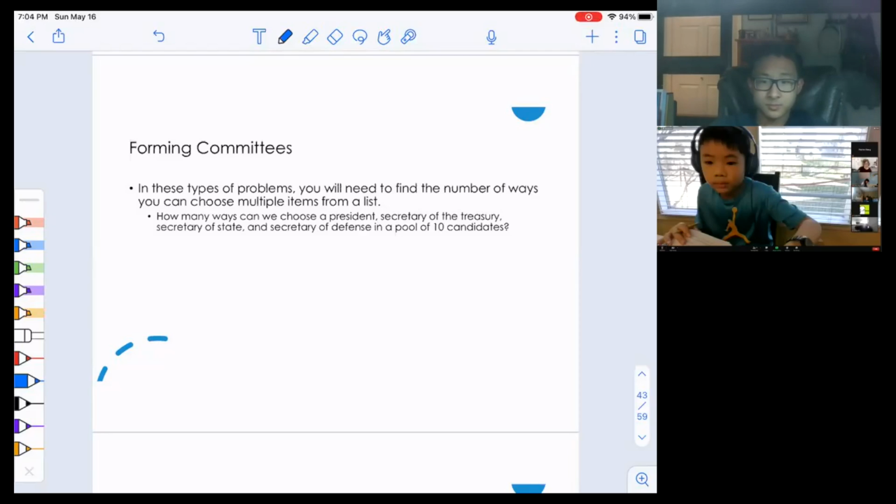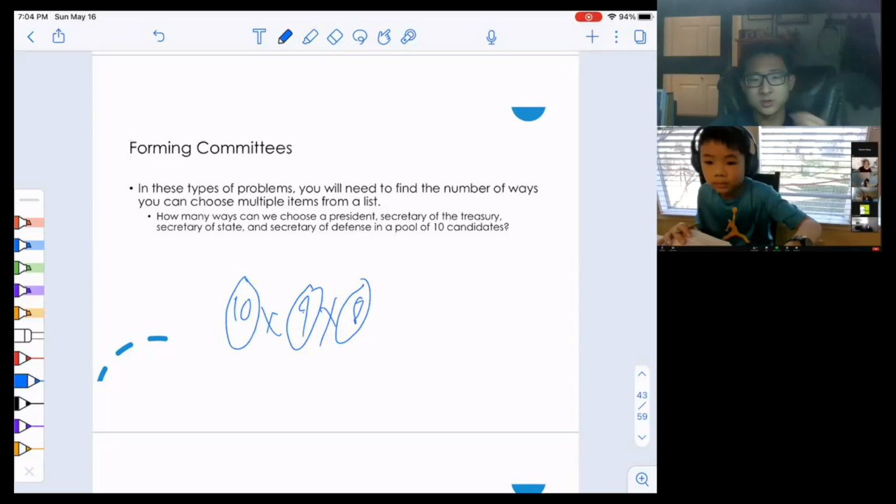We'll draw the 3 spots, 1, 2, 3, and we have 10 candidates. The first spot has 10 possibilities. The second spot has 9 possibilities since we already used one. And the third spot has 8 possibilities. And we just multiply these together.